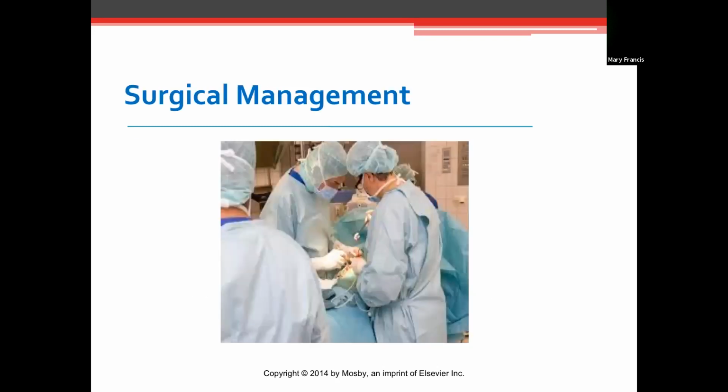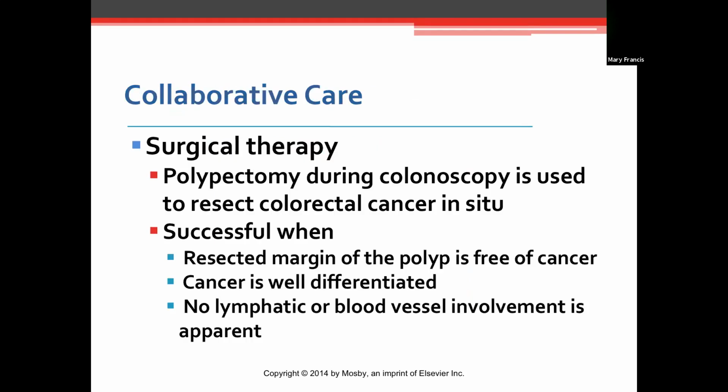For the surgical management, the patient has to have very good preoperative care. Preoperative care would include teaching that they might possibly have a colostomy, what a colostomy is, and how a colostomy would be managed. The polypectomy during colonoscopy is used to resect colon cancer in situ.